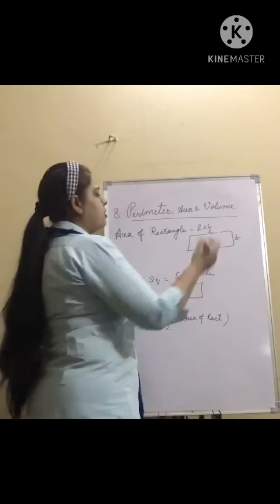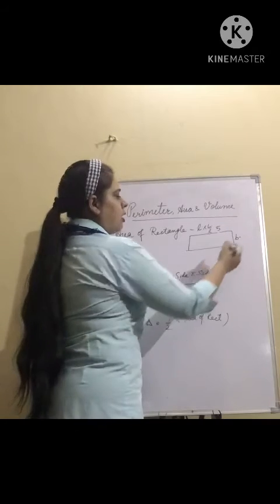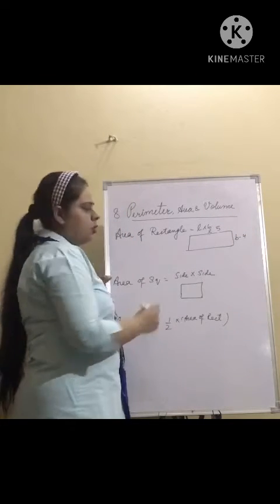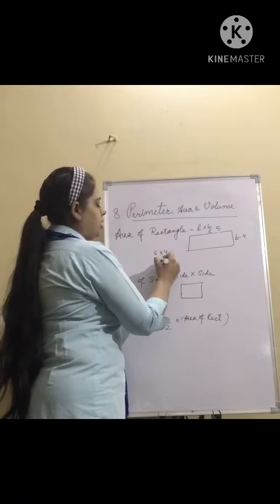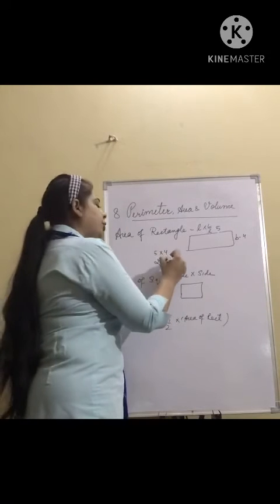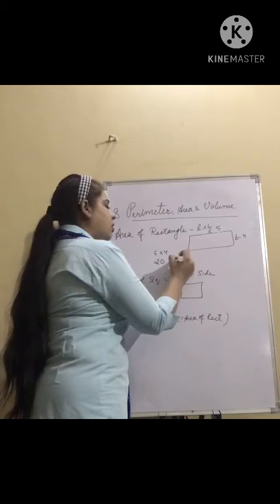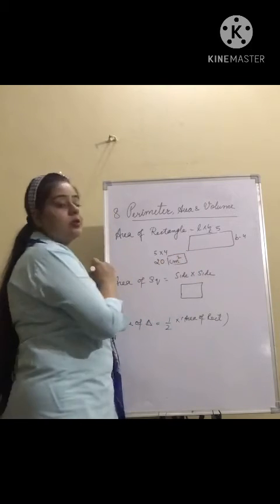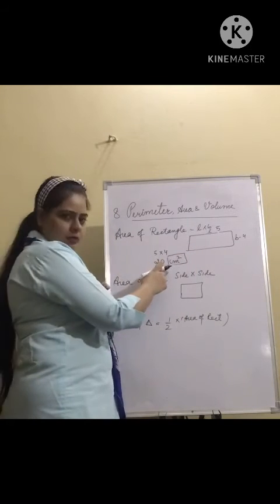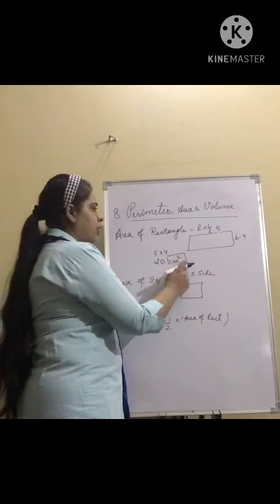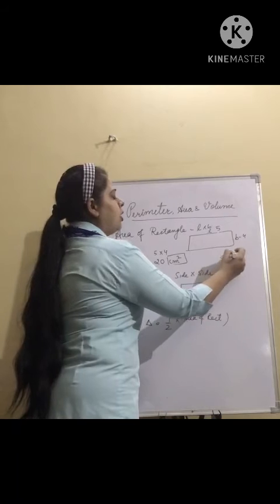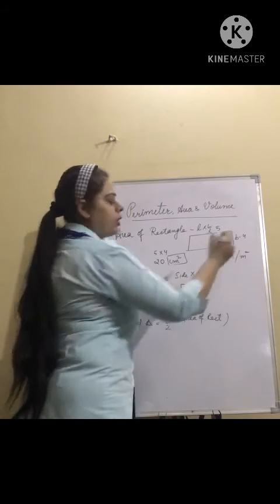Suppose the length is given to you 5 centimeter and breadth is given to you 4 centimeter. So what will be the area? 5 into 4, 20. Now children, the unit of area is centimeter square. In perimeter the unit was centimeter or meter, but unit of area is centimeter square or meter square.